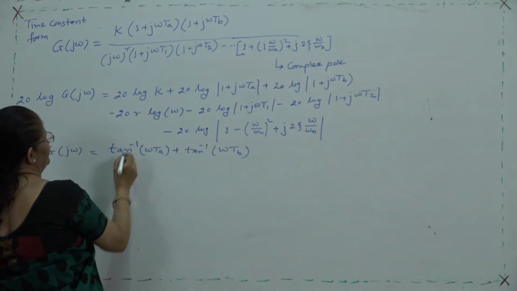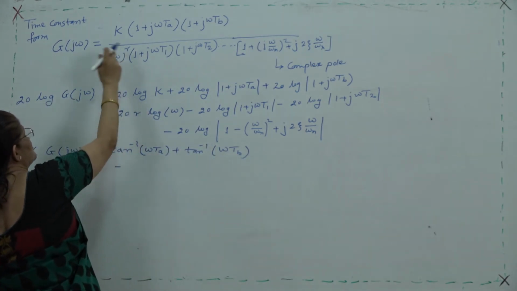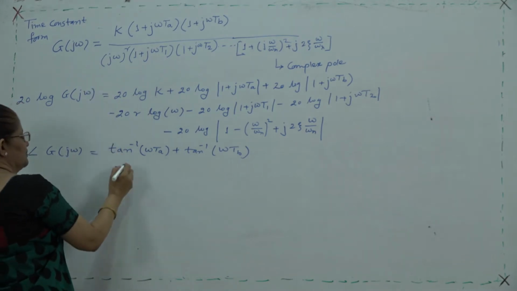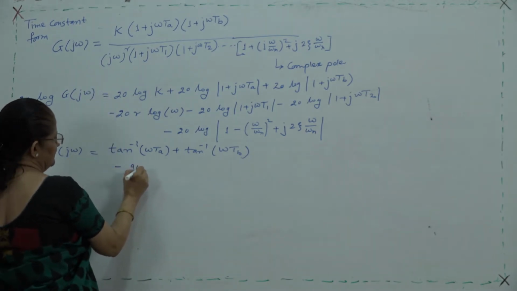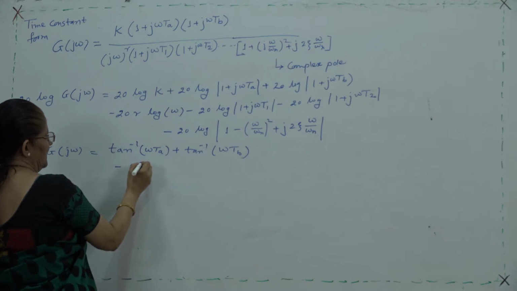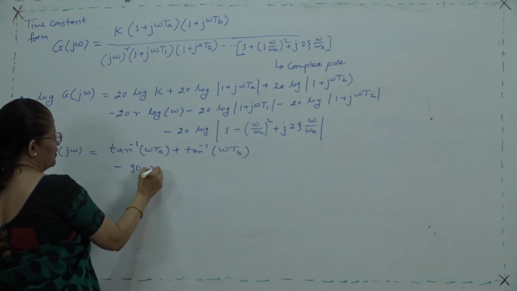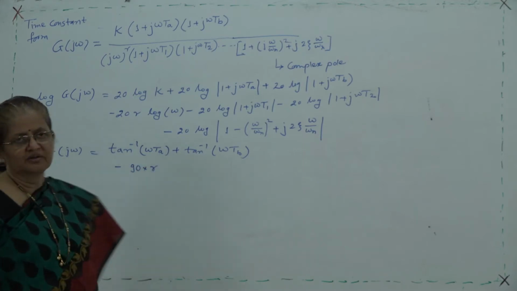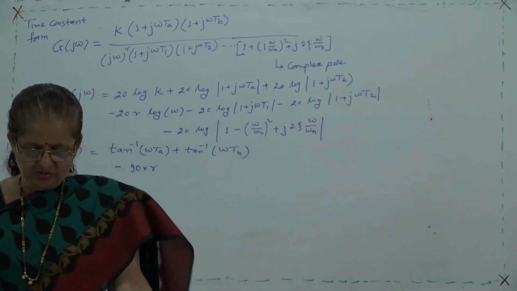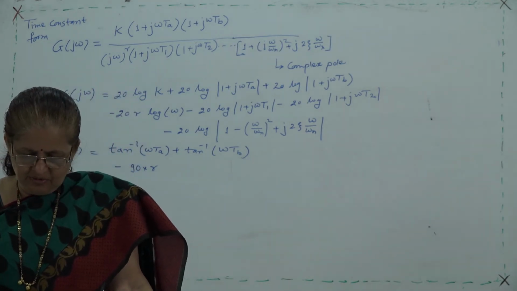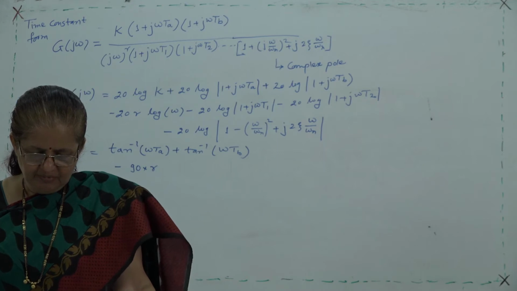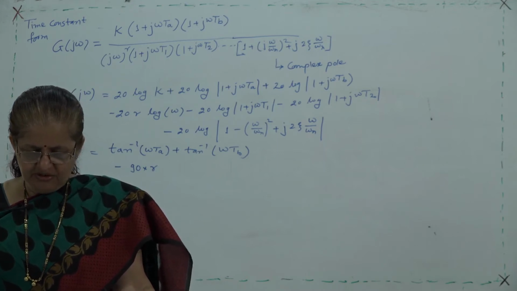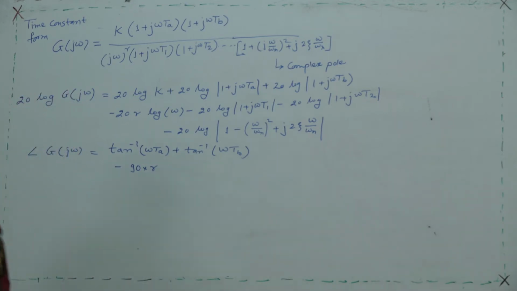Minus, for j omega raised to r, it contributes 90 degrees, okay, and r poles are there. So, minus 90 into r is the angle contribution of the pole which is at the origin.